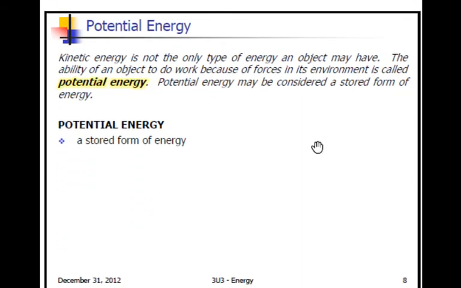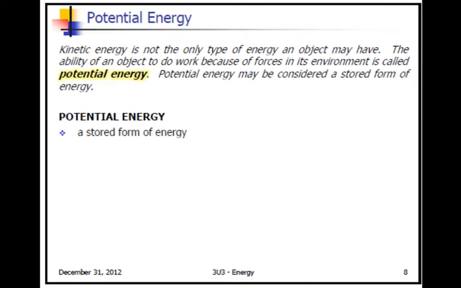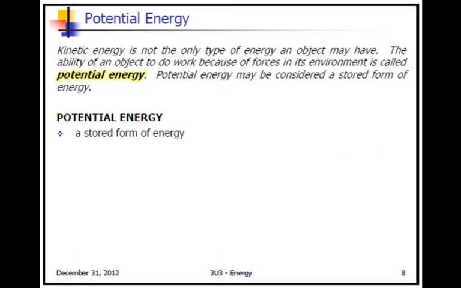So we've talked about kinetic energy. Another type of mechanical energy is potential energy. This is the energy that is stored in an object. So when do we have potential energy? Well, if you have, say, a bowling ball resting on the floor, the bowling ball cannot fall any further.